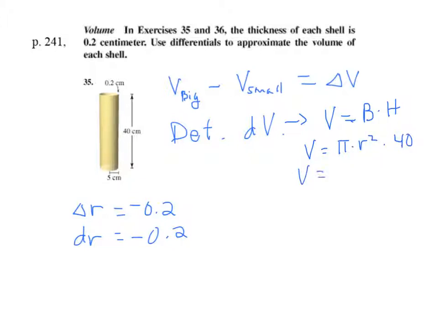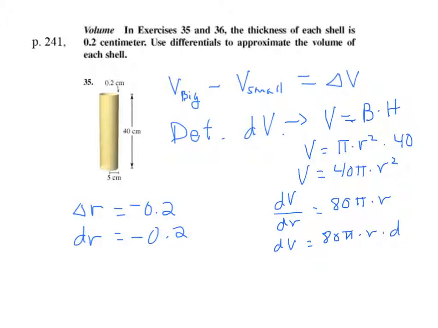So we have a formula of 40 pi times r squared. Now we know that dV/dr is going to equal V prime, which in this case is 80 pi times r. So therefore dV is simply going to be 80 pi times r times dr.